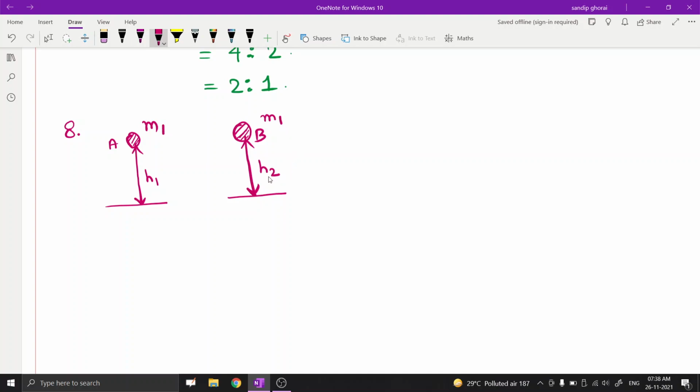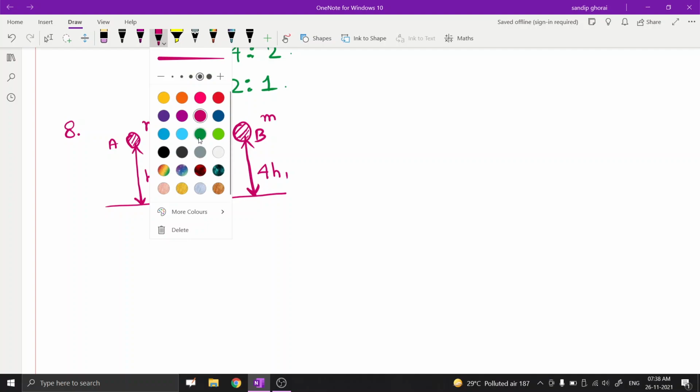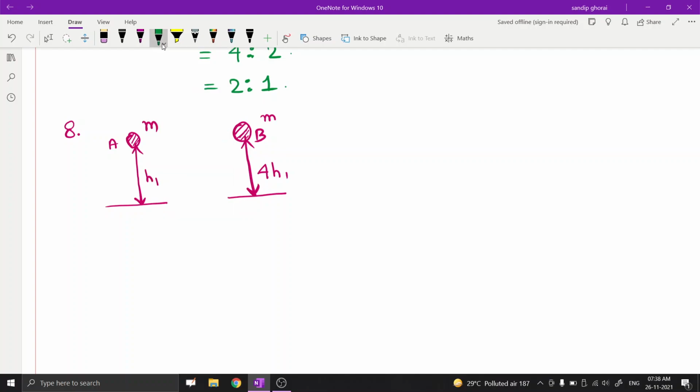Or we take actually the two masses the same, simply this is m also and this is m also, but the height we change. This height is, suppose, 4 into h1. So what is their potential energy and what is the ratio of their potential energy?